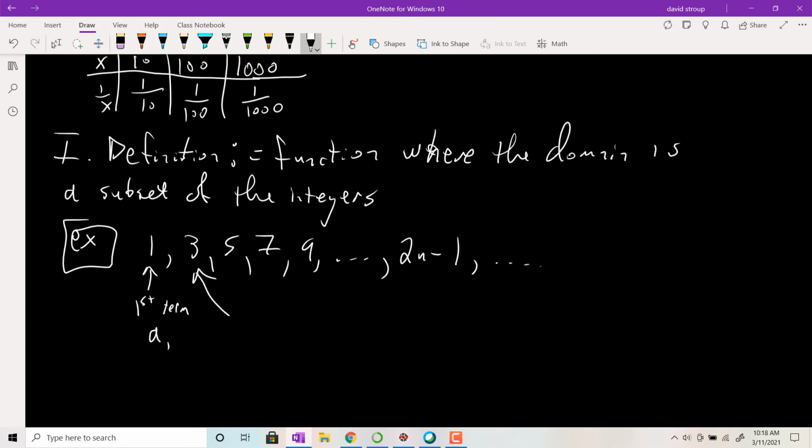The second term we label a sub 2, and so on: the third term, fourth term, fifth term. This element here is the nth term, and it's basically a formula that tells you how to produce the numbers in this sequence.